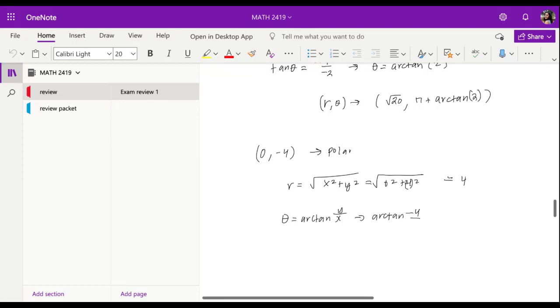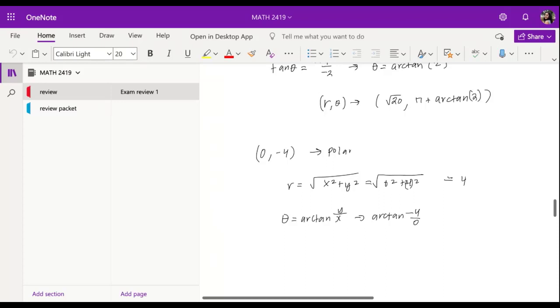And so we have to find where tangent becomes undefined, basically. If you remember the unit circle, tangent is undefined at pi over 2, 3 pi over 2. So this one is going to be 3 pi over 2 because it's (0, -4).